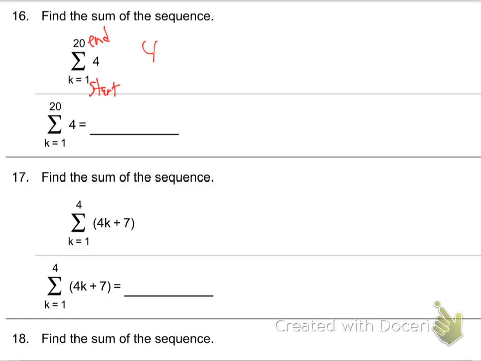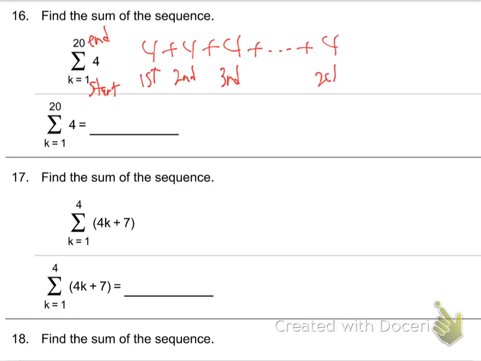What's the second term? It's 4. The counter still counts. K is 1, K is 2, K is 3, K is 4. But there's just no place to plug in the actual K number. They're all just 4.